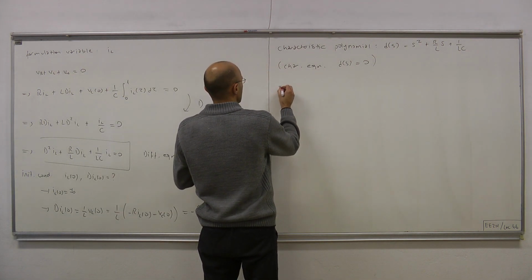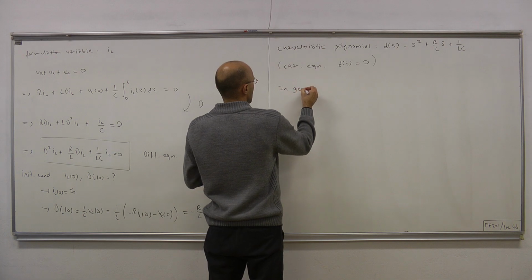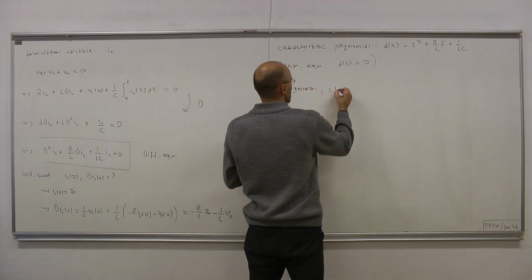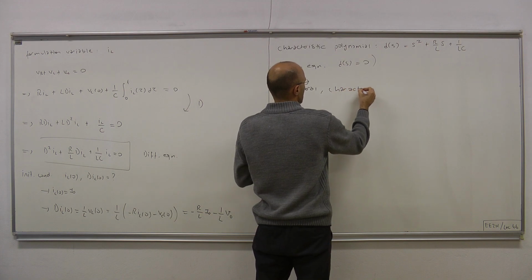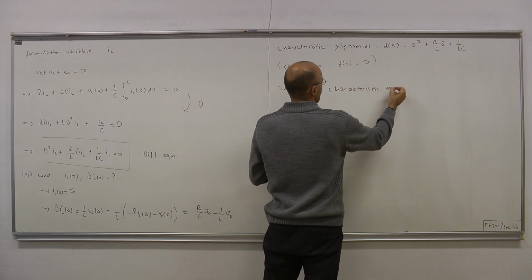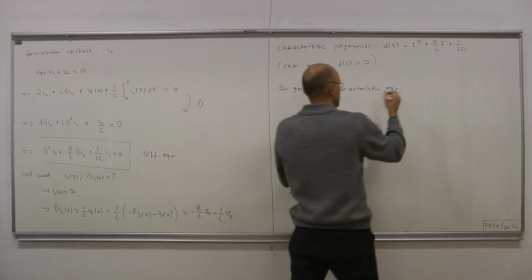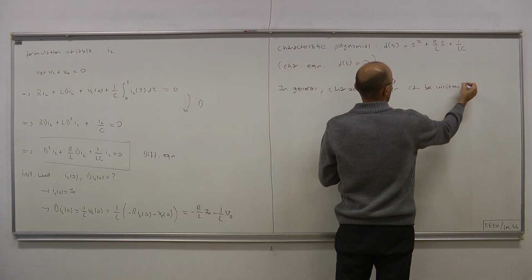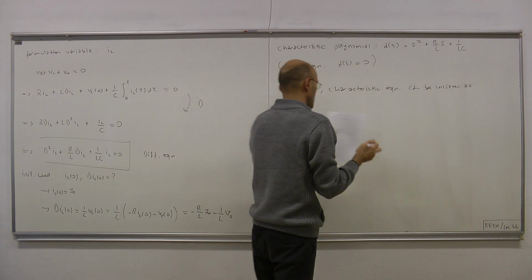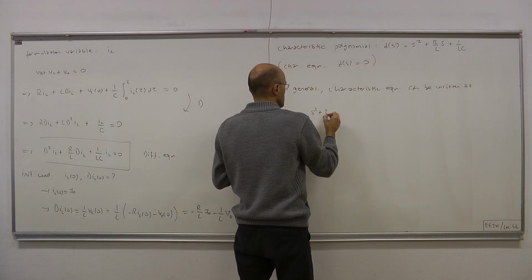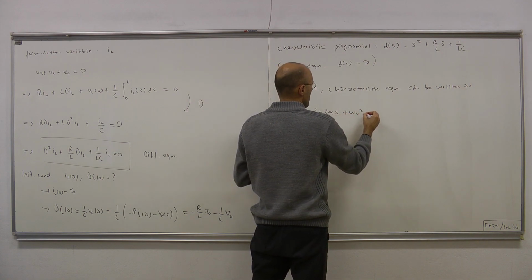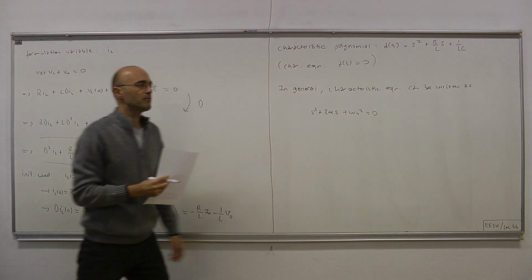Now, in general, the characteristic equation can be written as s squared plus 2 alpha s plus omega 0 squared equals 0. Okay?